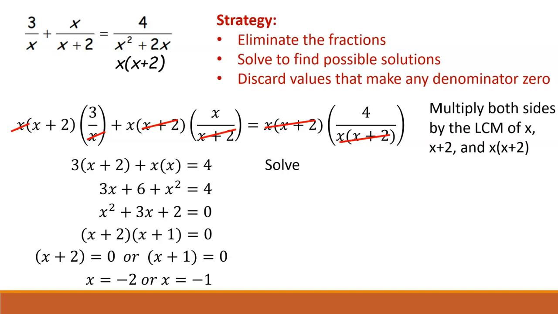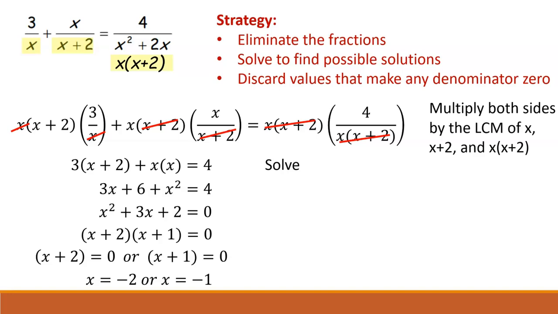To see if either of these numbers actually are solutions, let's look at the denominators that we started with. And in the case of the third fraction, we're going to look at that denominator in its factored form. Now, what numbers make any of those denominators equal to 0?